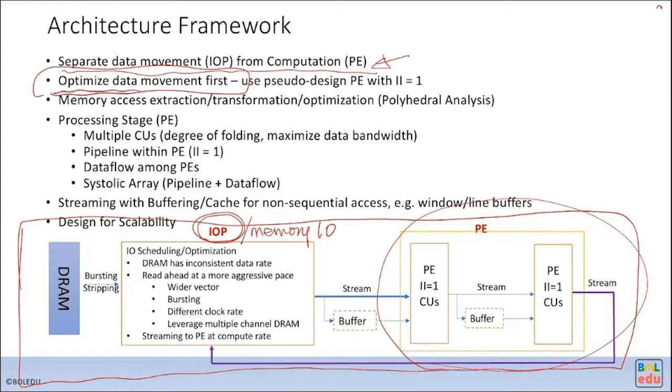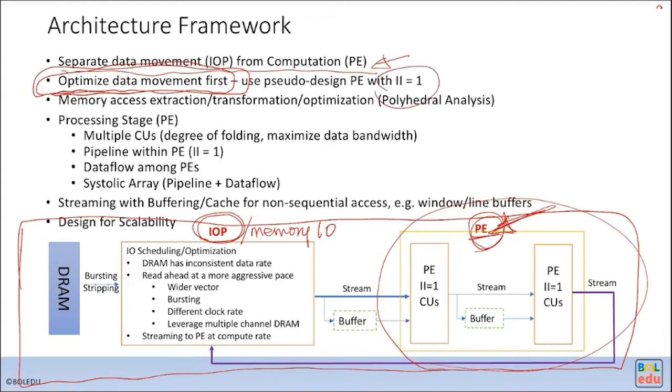So how do you optimize data movement first? You can have the PE, and write a pseudocode, a very simple code, to make the computation with II equal 1.